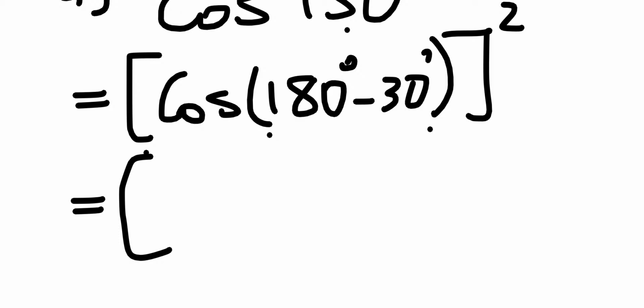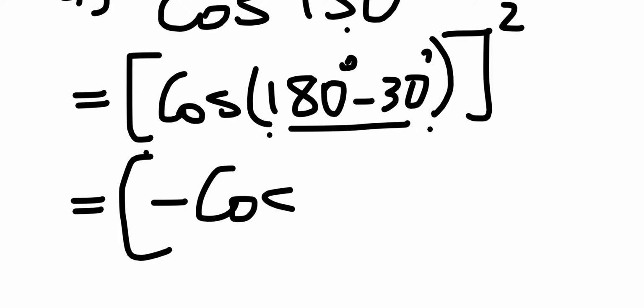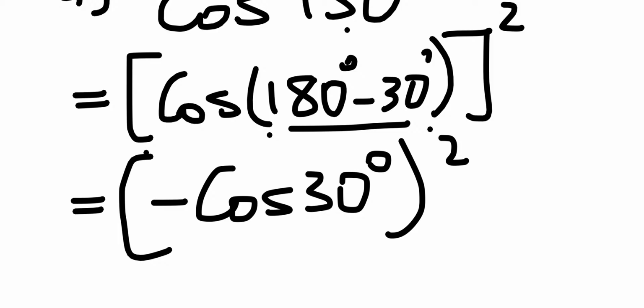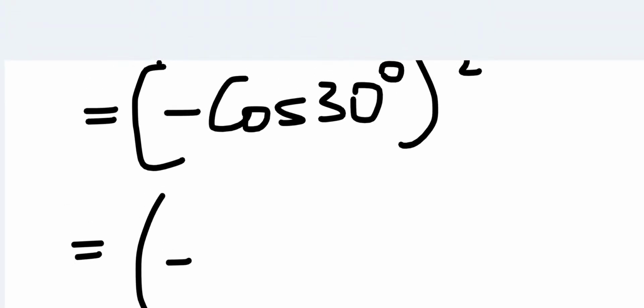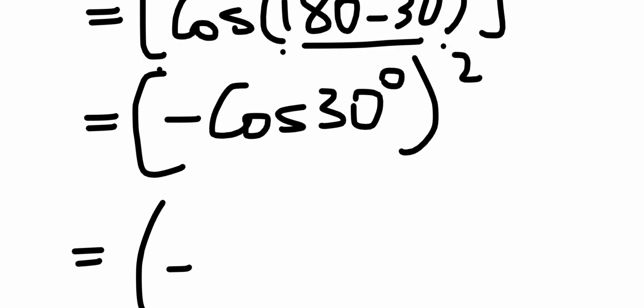Cos is negative in this quadrant, so I'll write it as negative cos of 30 degrees. It wasn't even necessary to do that extra step. I still have that negative cos of 30 degrees.